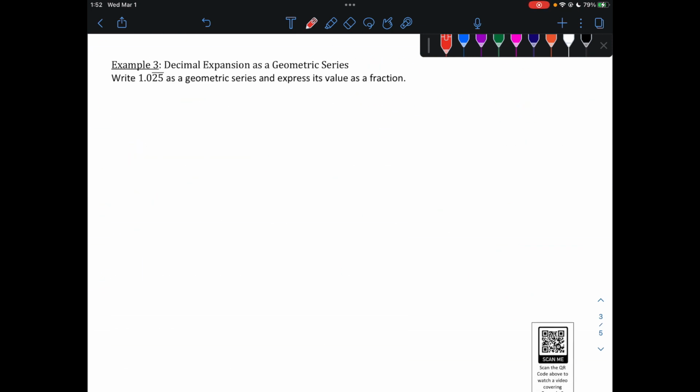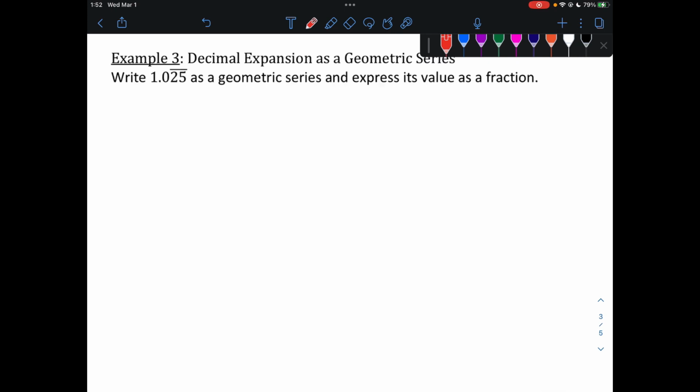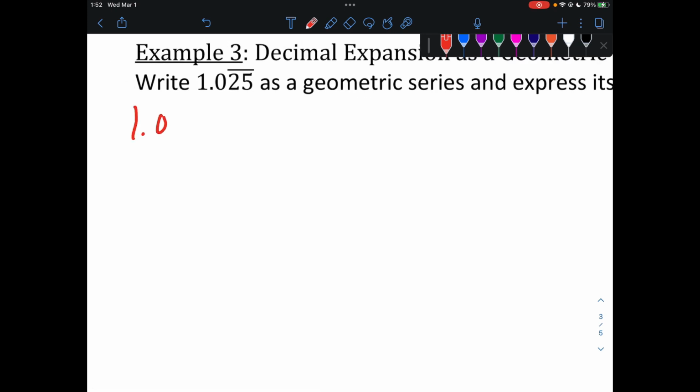Example 3: write 1.025 repeating as a geometric series and express its value as a fraction. So 1.025 repeating is the same thing as writing 1.025, 25, 25, 25, and so forth and so on.